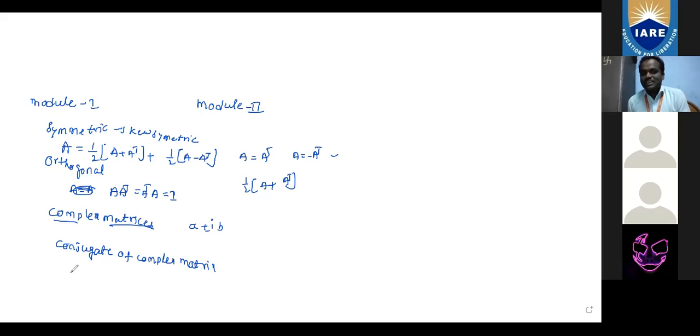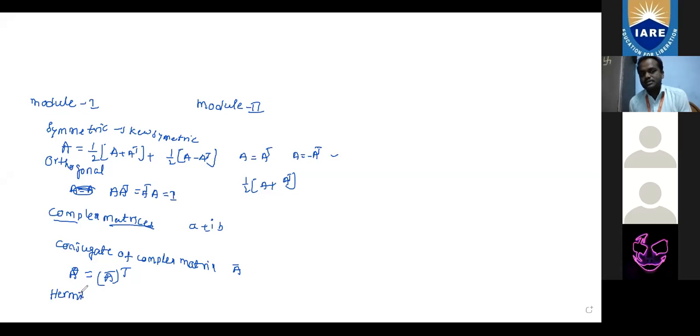This is denoted by A power of theta. That means the conjugate of a complex matrix is denoted by A bar, and A bar whole power of T is called the conjugate transpose of the matrix, A power of theta. Now, like the real matrices, we learn the Hermitian matrix.